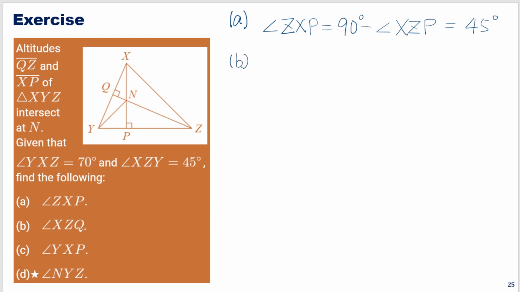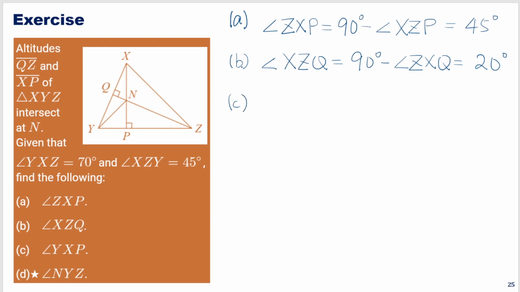And for question B, we can consider the right triangle XZQ. And of course, angle XZQ equals 90 degrees minus angle ZXQ, right? And this is 20 degrees, right?